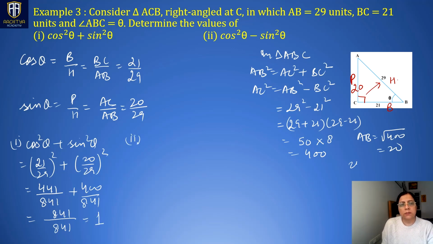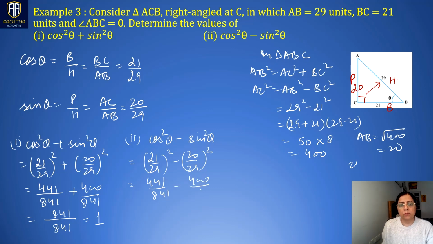And the second part is cos square theta minus sin square theta, which is 21 by 29 whole square minus 20 by 29 whole square, which is 441 over 841 minus 400 over 841. This is equal to 41 over 841.